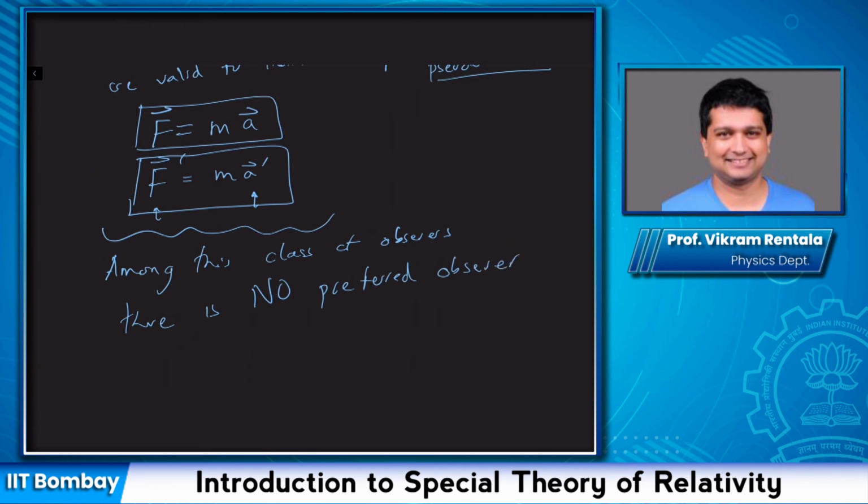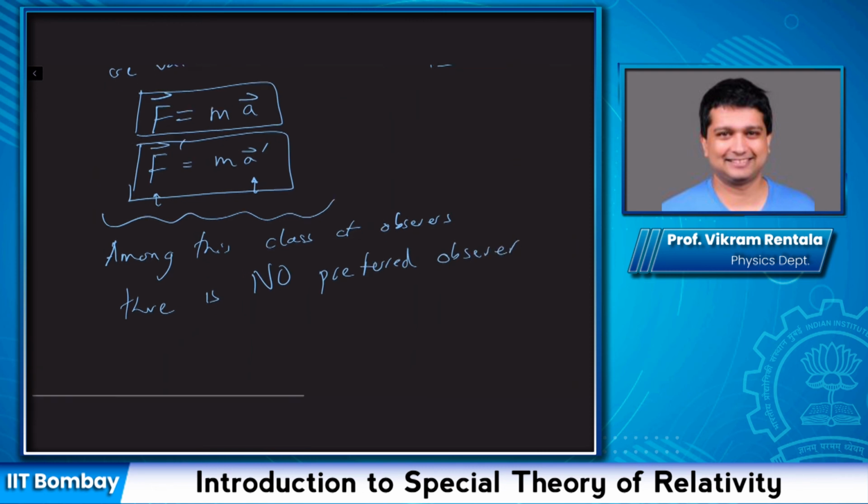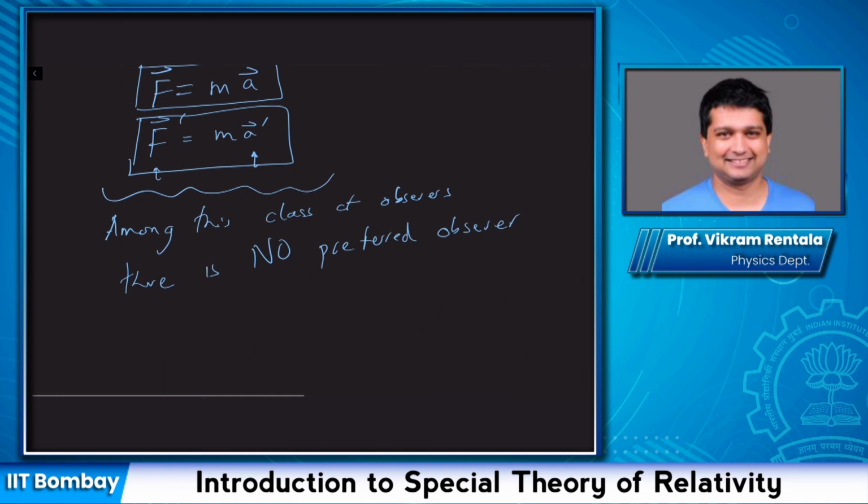There is no one observer in this class who sees Newton's laws as being valid and who are moving with respect to each other at constant velocity. There is no one observer whom you could say is in a state of absolute rest.